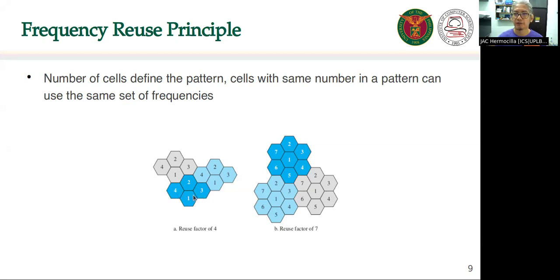So the objective of that is to minimize the interference among the cells by using different frequencies. So here we have a reuse factor of 4. Now we can increase that, and have a reuse factor of 7. As you can see, this will be the configuration.